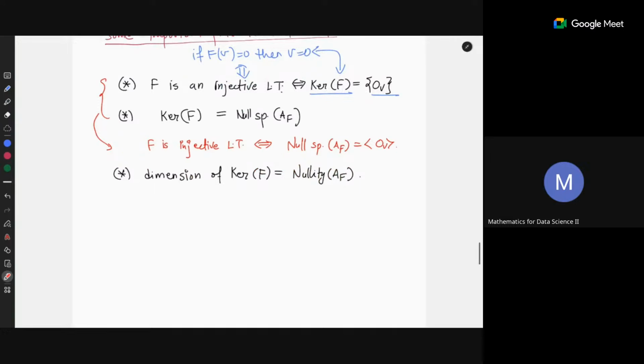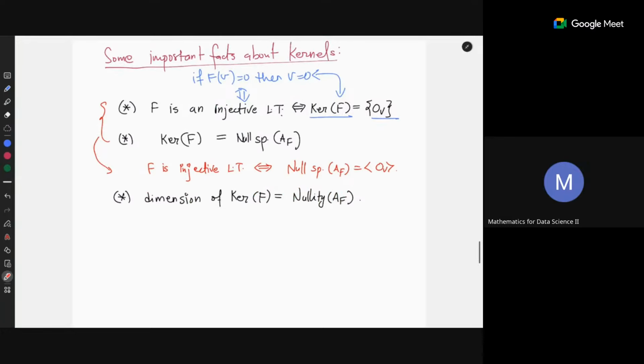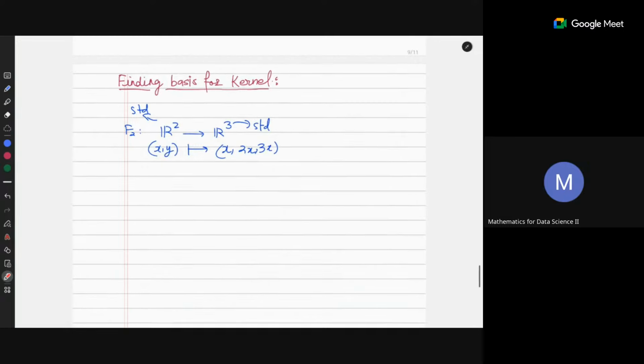So in other words, because we have already associated kernel with null space, the dimension of the kernel is nothing but the nullity of the representative matrix. These things just correspond one to one. Once we realize that the kernel is nothing but the null space of a matrix, then we get this for free.